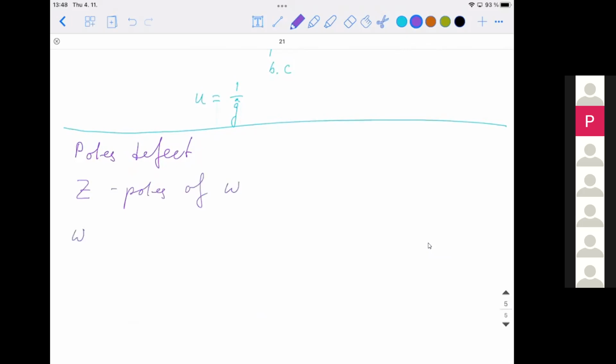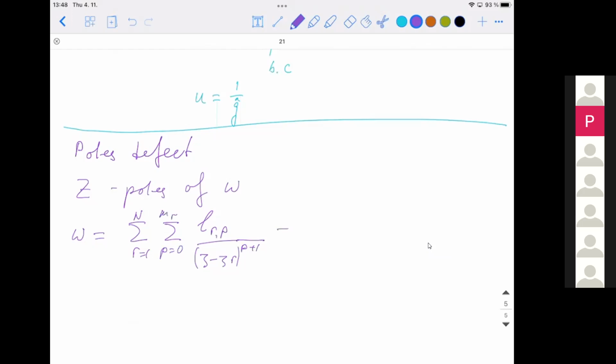And then in the most general form, this pole can be written as, this does not have to be a simple pole, so it's just, and then maybe also poles.